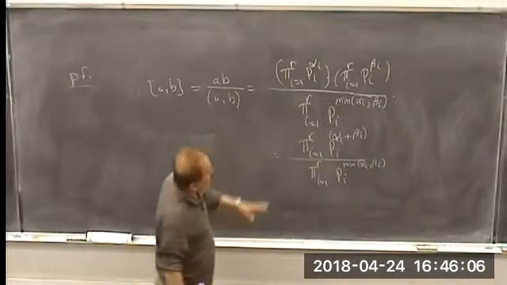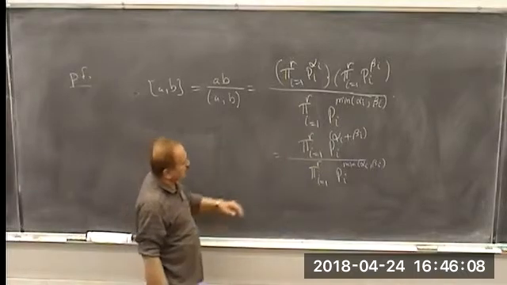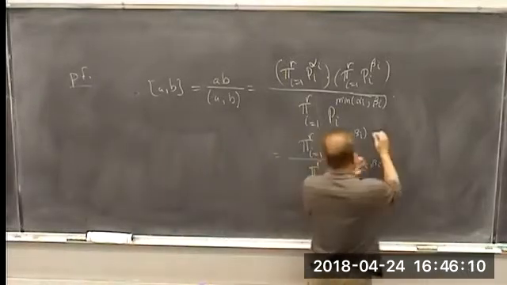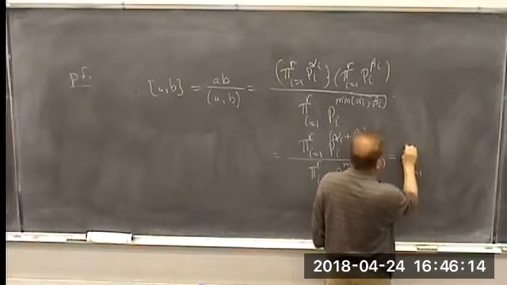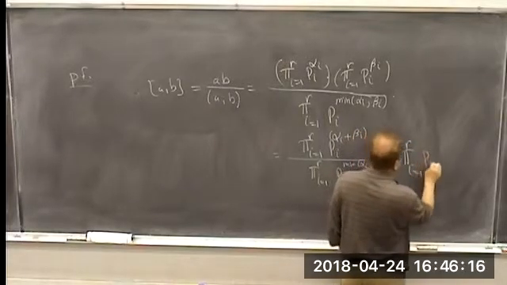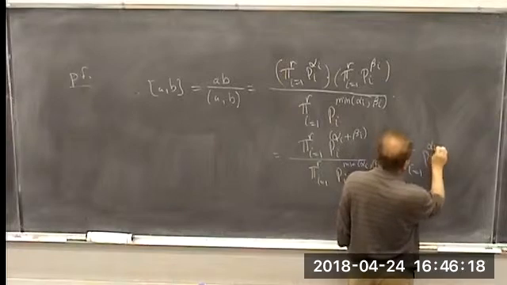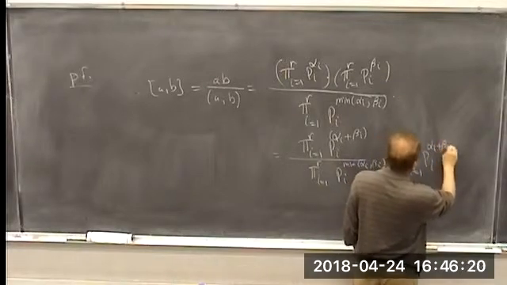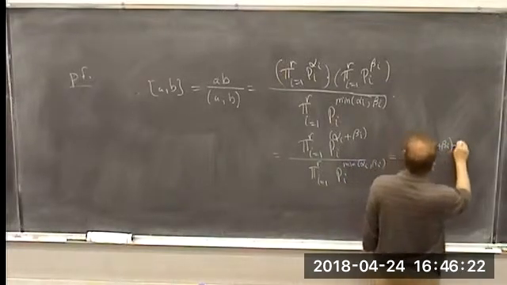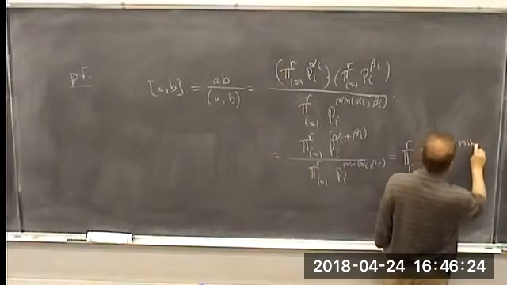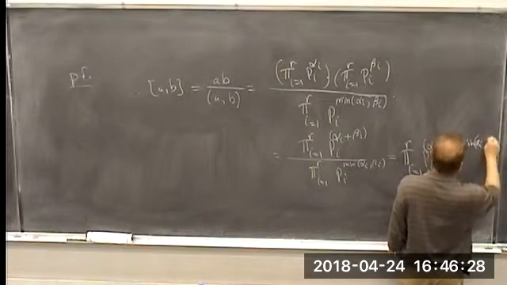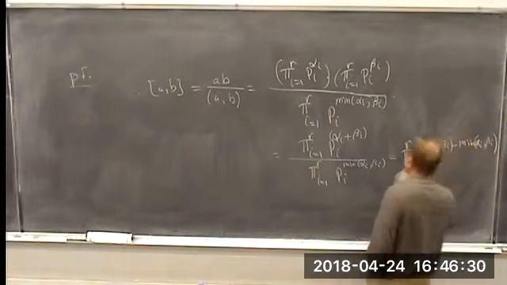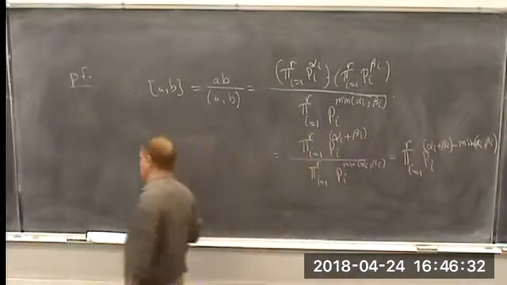And again, we can use the laws of exponents and bring this up, and this becomes the product for i equal 1 to r of p_i to the alpha_i plus beta_i minus the minimum of alpha_i and beta_i. I claim that this is actually equal to the maximum.